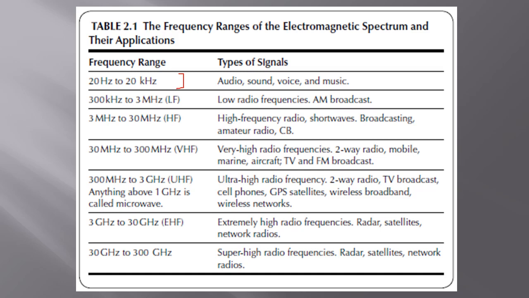This is special because our ears can hear signals only in this area. We cannot hear a signal below 20 hertz, and we also cannot hear any signal above 20 kilohertz. That's why music is designed to use the full 20 kilohertz frequency range.